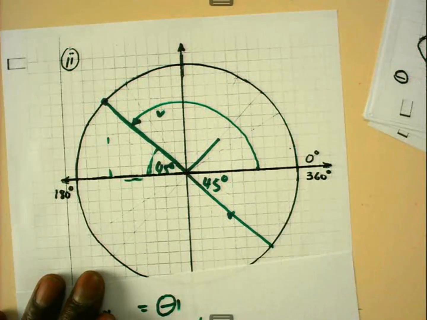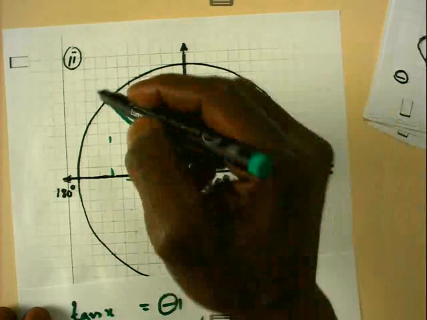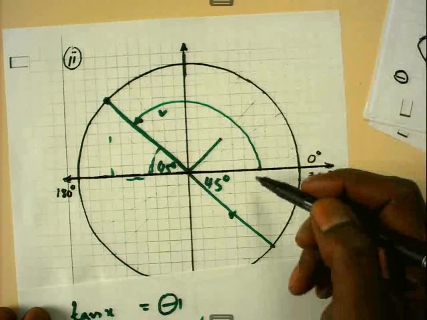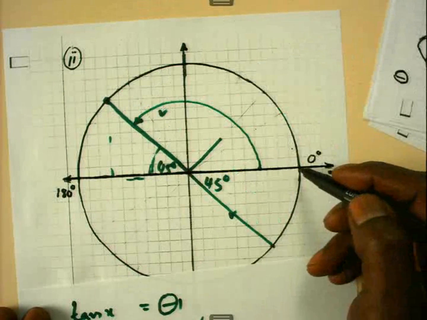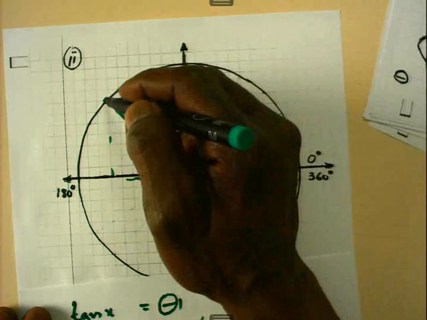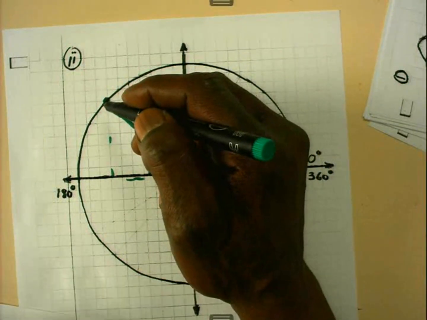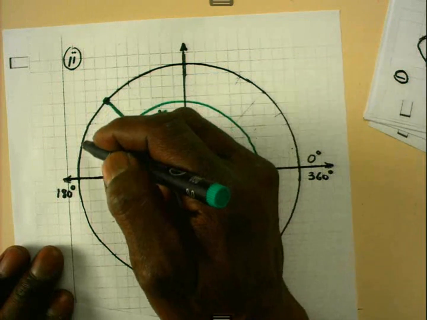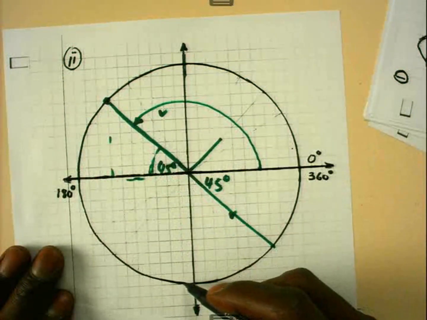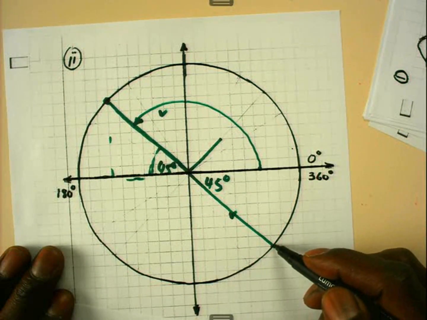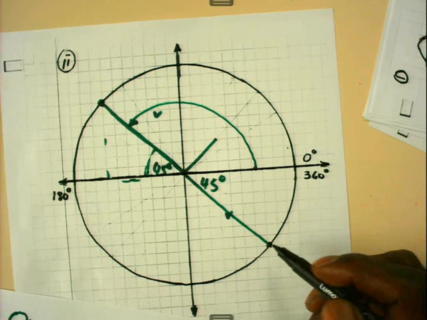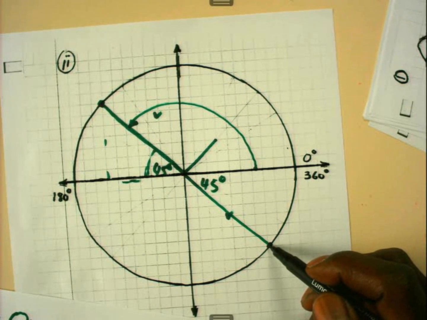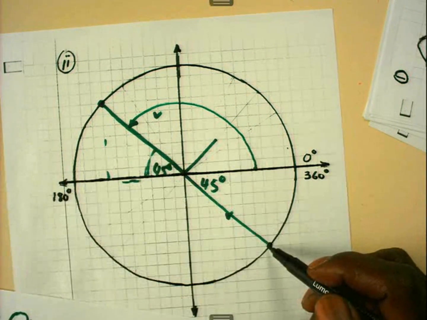So my point is, I've moved from here up to there, which is the same as moving from here up to there. But now I want to rotate in the anti-clockwise direction. If I rotate like that, I come across an arm, and once I come across that arm, I must read the angle there.